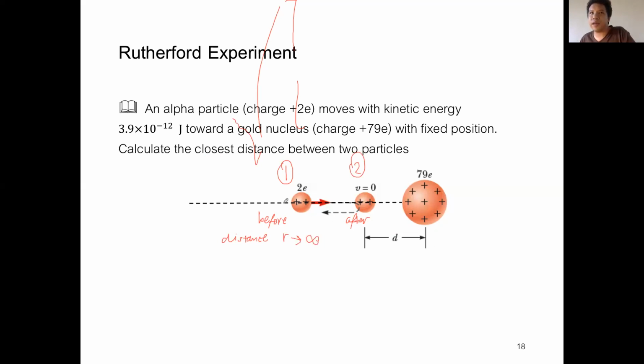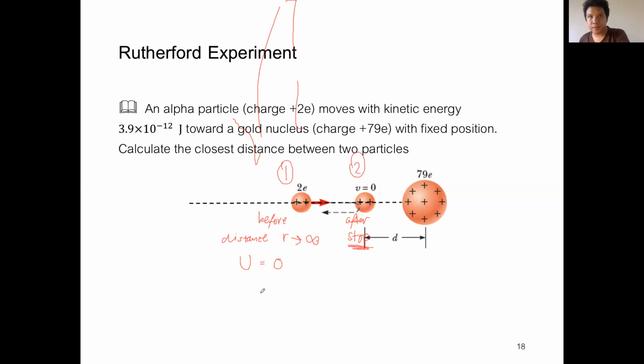I propose this situation as number 1, and after I would say that the alpha particle is stopped. At distance r equals infinity, the potential energy is 0, because when the two particles are very far away, they cannot feel each other, and the potential energy and the force and everything becomes 0.